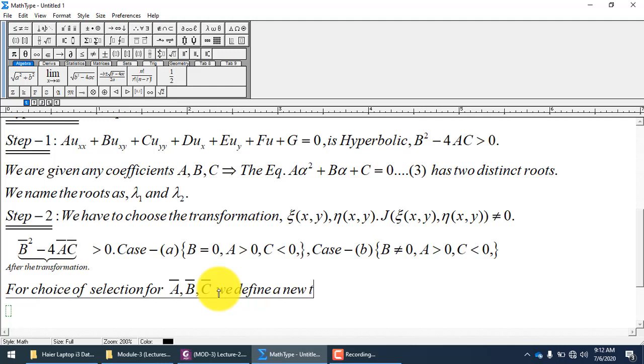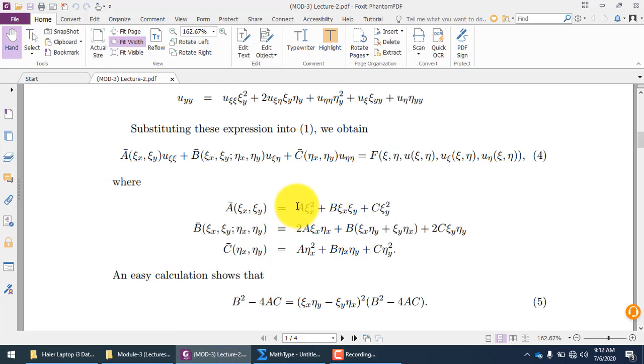So the choice of A bar, B bar and C bar is up to you. You have the formula for A bar, B bar and C bar, and you can put values in and calculate as well, but this is a very long procedure, because then you will have to know the xi and eta derivatives, and you have to solve partial differential equations again.